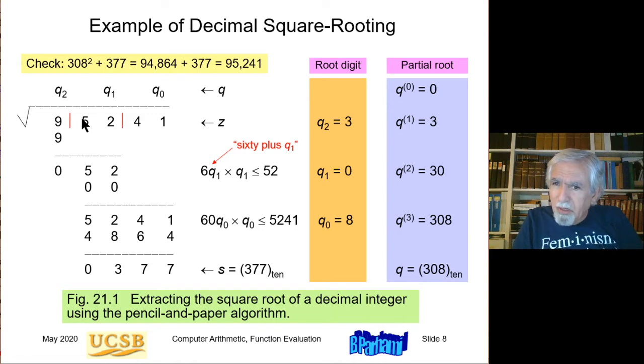In other words, all the other digits do not affect the value of the most significant digit of the root. In this case, because these 2 digits are 0, 9, 3 is the correct root based only on this number 9.